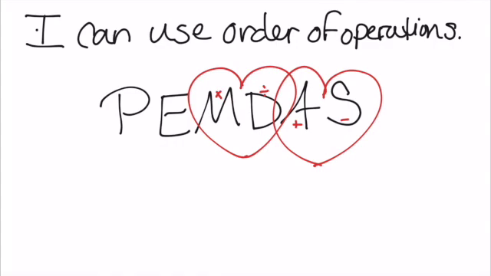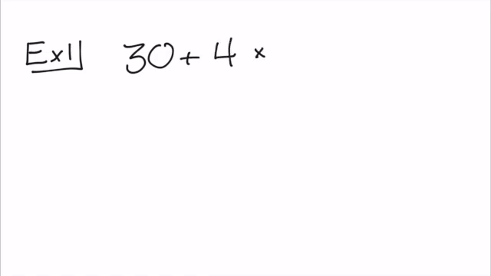All right, so our PEMDAS with that one little change. So let's look at some example problems and what they look like. Example number 1. Let's do 30 plus 4 times 2. Start simple here. 30 plus 4 times 2. Okay, so we think of our PEMDAS, and if you want, you can always write it above the problem and kind of check it off like a checklist.